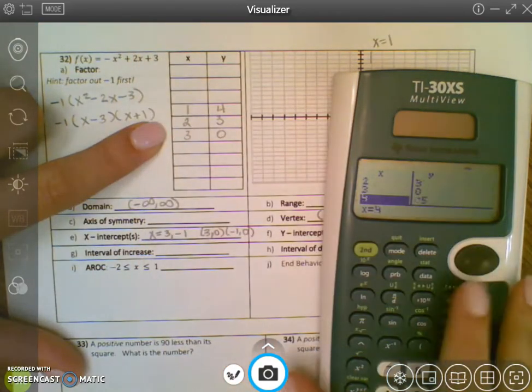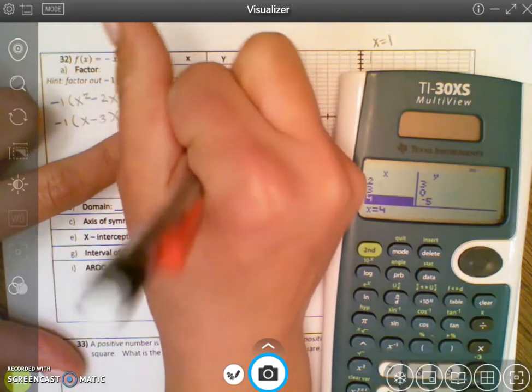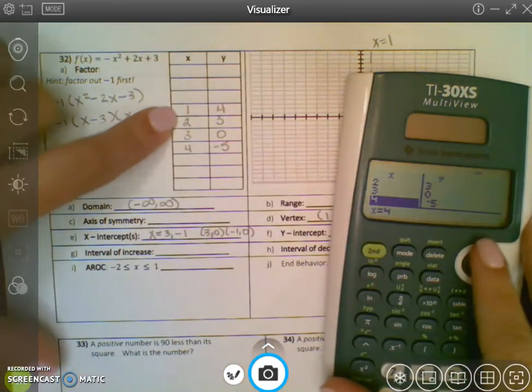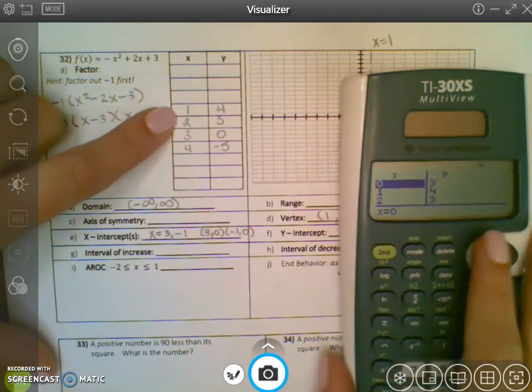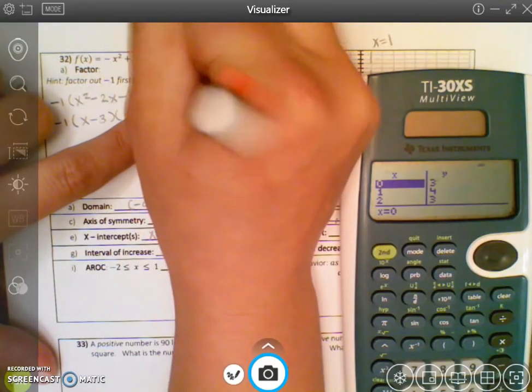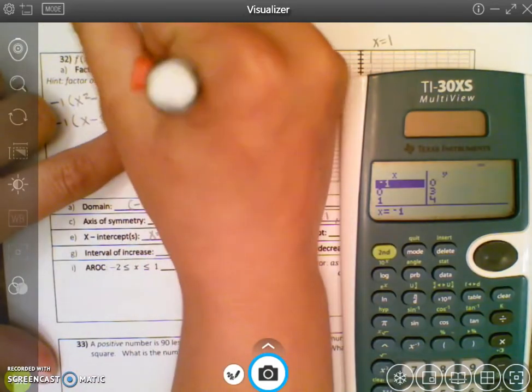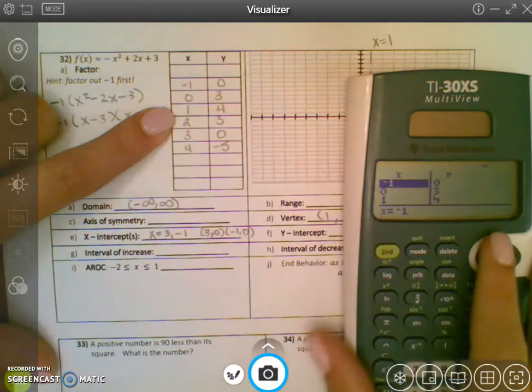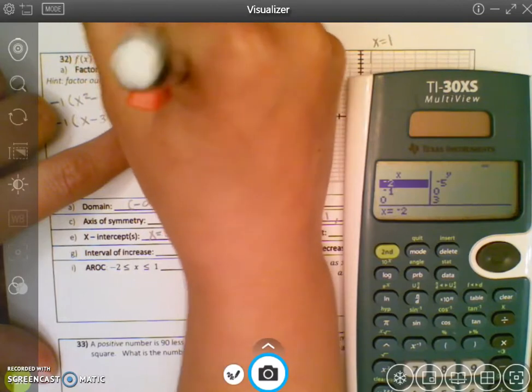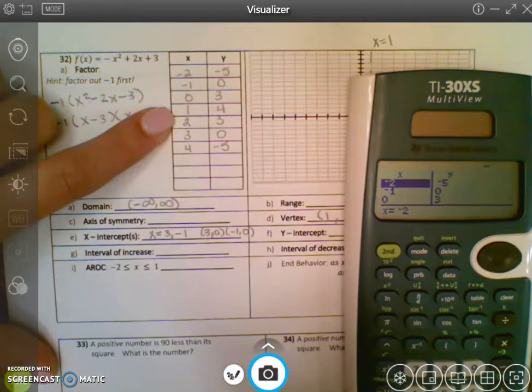Let's just do a couple more. 4 is -5. That's fine. Now let's choose higher. 0 is 3. I'm good at matches. -1 is 0. And -2 is -5. So they all match.